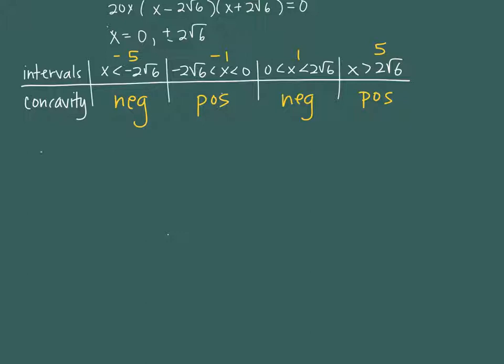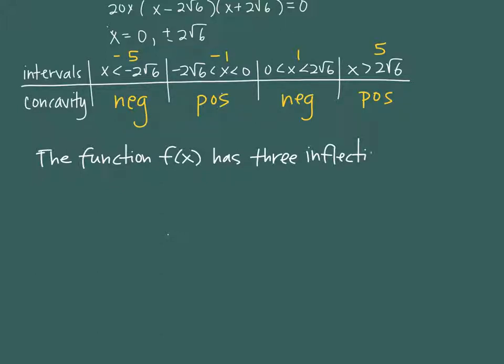And so just to finish up, the function f of x has 3 inflection points, and those points are at x is 0 and plus or minus 2 rad 6 because, and it's always based on what the derivative or second derivative is doing.